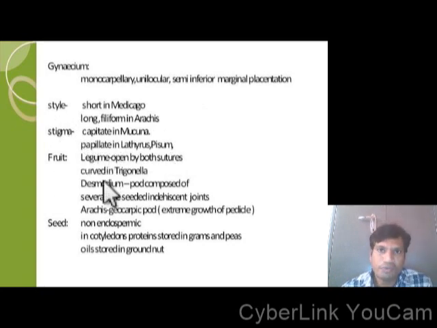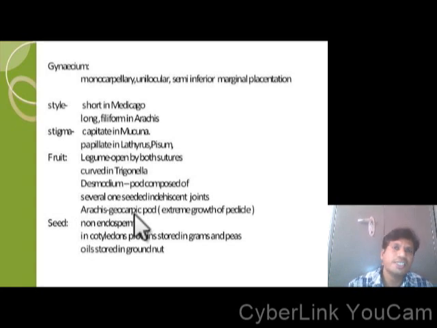Fruit is a legume fruit, very peculiar, which is present in the Leguminosae members, that is a legume which dehisces by 2 sutures, that means it dehisces by equal halves. In Trigonella it is a curved legume, and in Arachis hypogaea it is a geocarpic pod, where an extreme outgrowth of the pedicel takes place after the pollination.